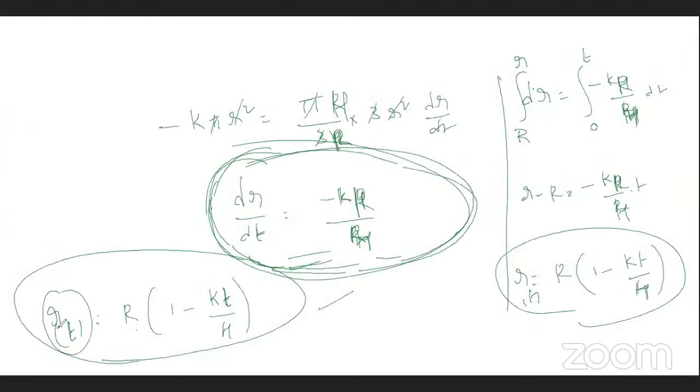So at which time is the radius 0? Equating this to 0, we get the time. When the cone is empty, r of t is 0. So t equals h by k. That's it, done.